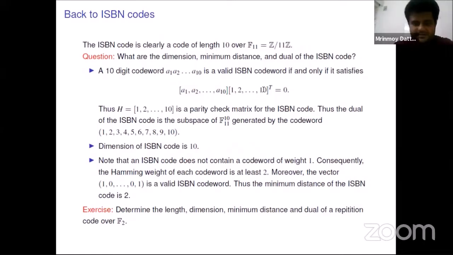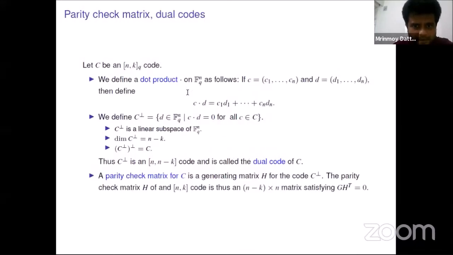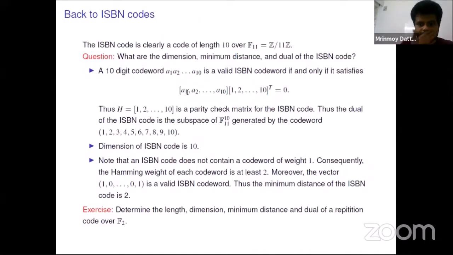So 1 times 10 is 10, and then you add it to 1 that comes from the first coordinate. And so you have produced a code word of weight 2. Consequently, the minimum distance, or the minimum weight, of the ISBN code is 2.